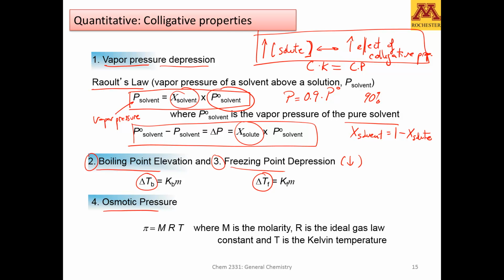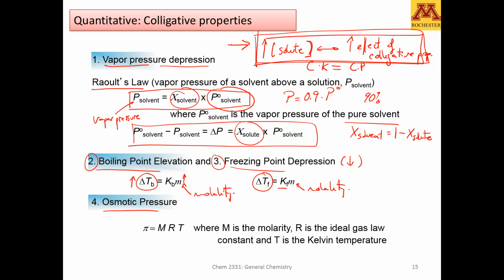And in both cases, it is the same relationship. There is a constant proportional to molality. Okay, in both cases, it's a constant that is specific of that solute-solvent interaction. And so again, we are just going back to this kind of linear relationship that we explained already up here. The higher the concentration of the solute, the more remarkable will be the effect on that colligative property.